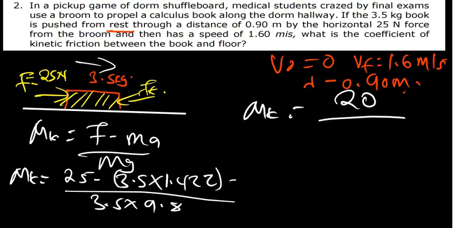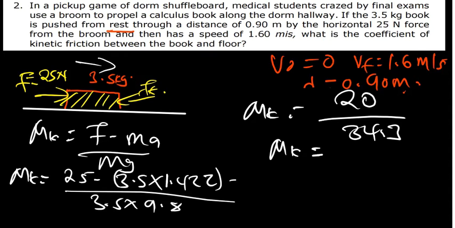Then I divide this by 9.8 times 3.5, which is giving me 34.3. So our mu k is going to be 20 divided by 34.3, which is 0.58.